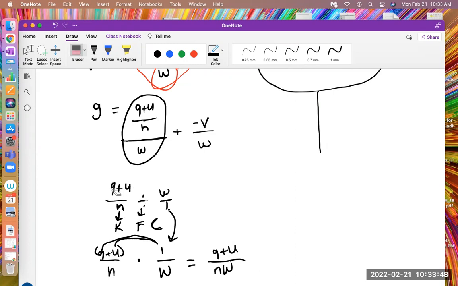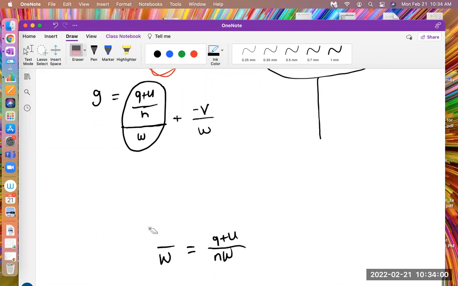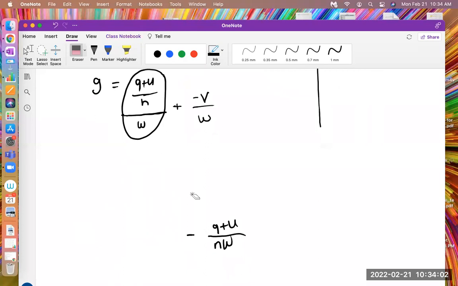Okay, so that is that one little portion, and that's why we reviewed fractions and how to divide fractions, because we're going to need it here. So that all simplified to be q plus u all over nw.